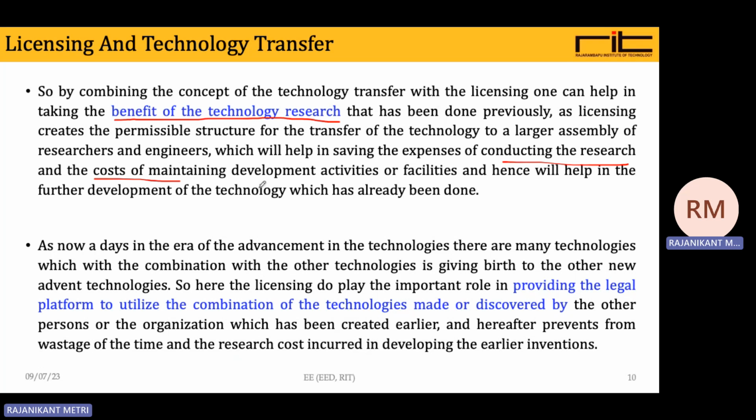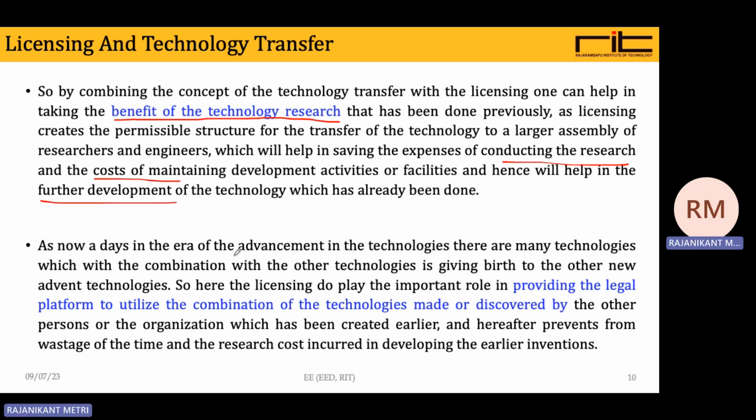Technology transfer with licensing also provides development activities or facilities, and hence will help in the further development of the technology which has already been done.